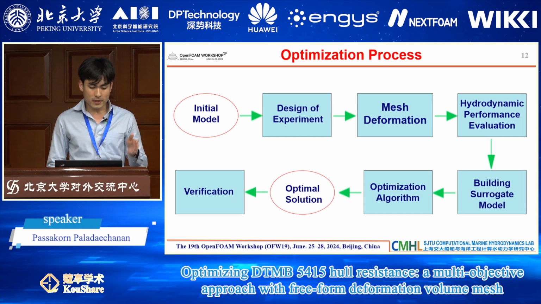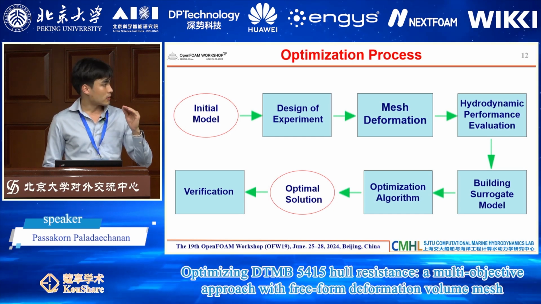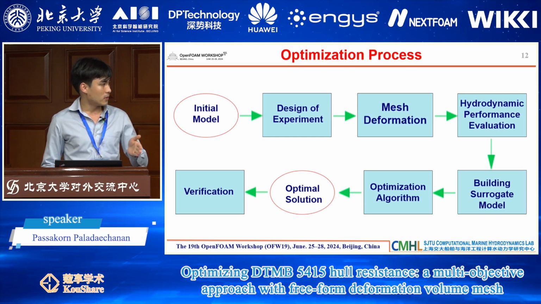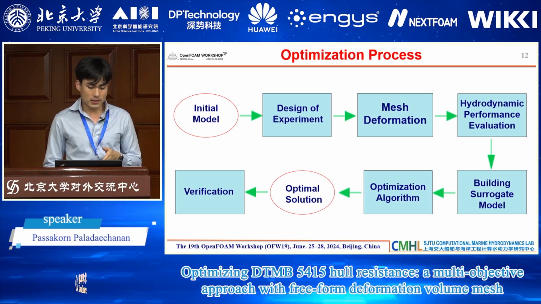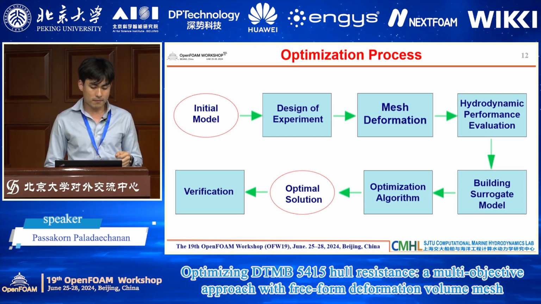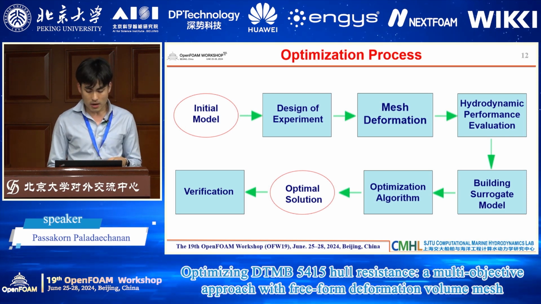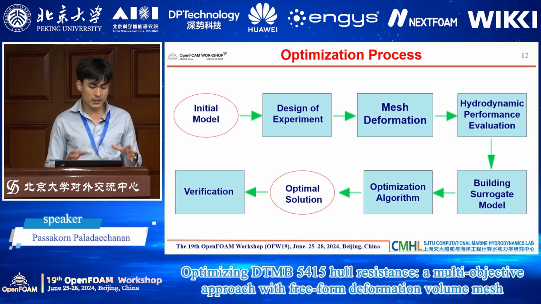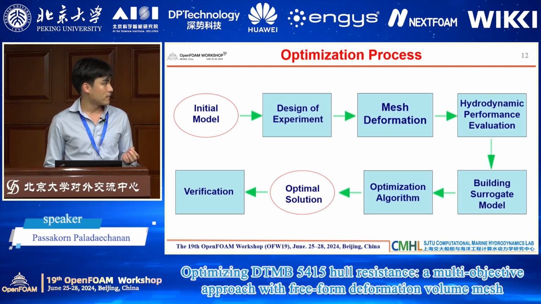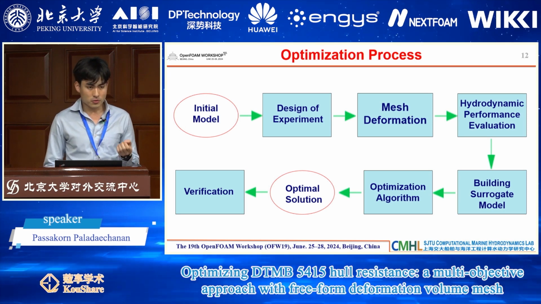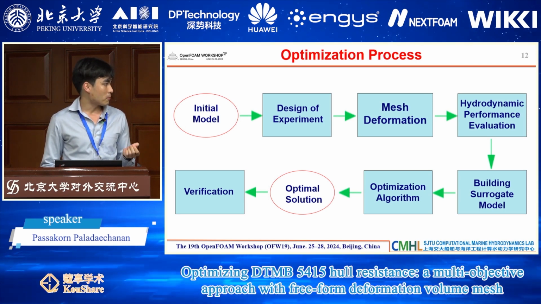After we get the resistance from all of these mesh design variables, we can use this data to build a surrogate. After building a surrogate, we can find the global minimum point by using an optimization algorithm to search for the global optimum points.